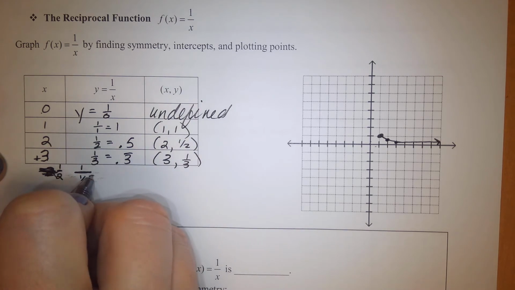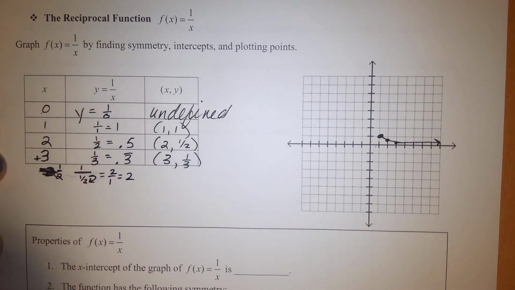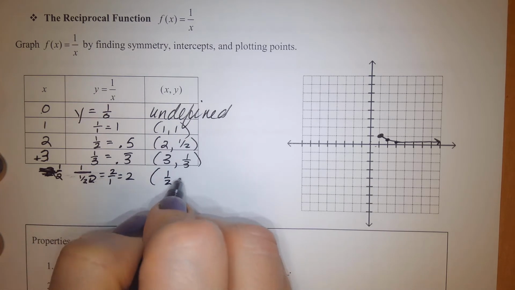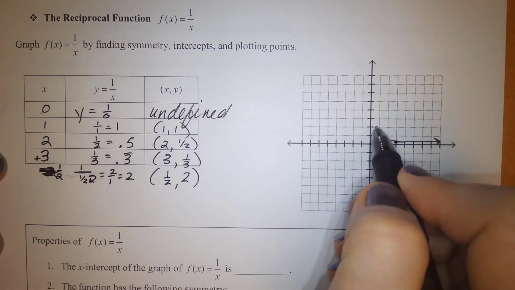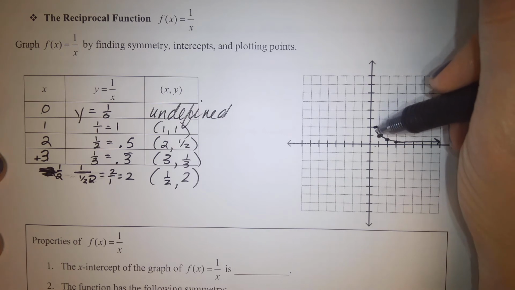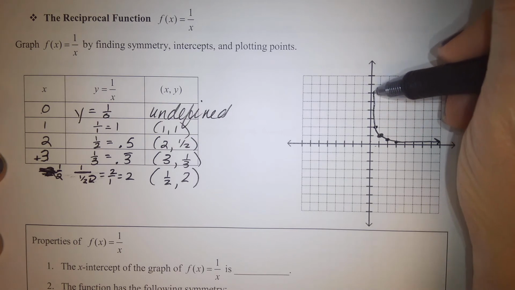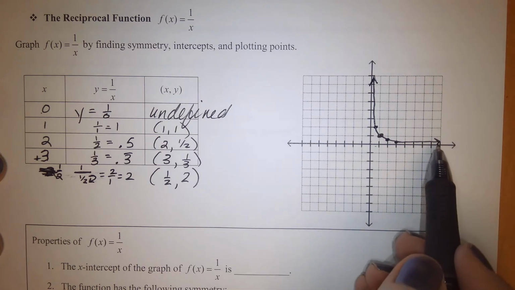So when I flip the bottom fraction, I actually get 2 over 1, which is 2. So I'll have a point at 1/2, 2. So right here at x is 1/2, it actually becomes 2. So what this graph is going to end up doing is it's going to hug the y-axis on the left. It's going to hug the x-axis on the bottom.